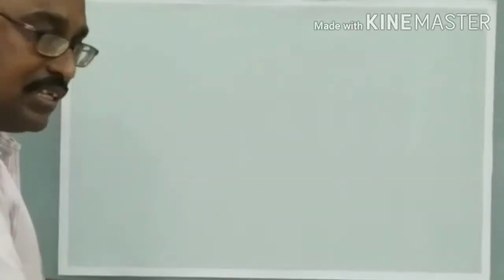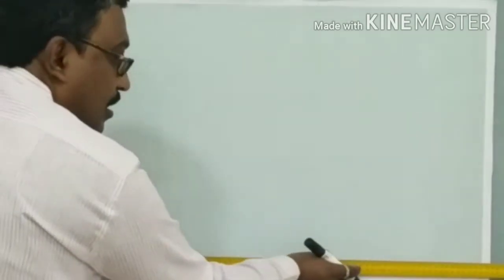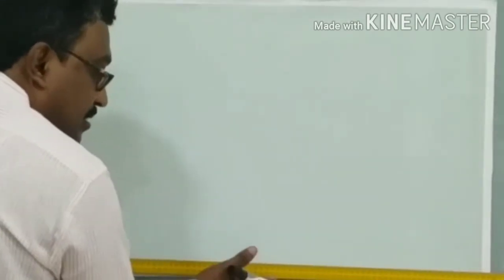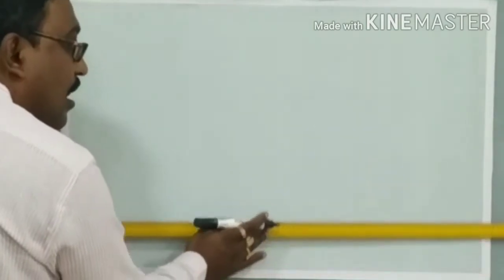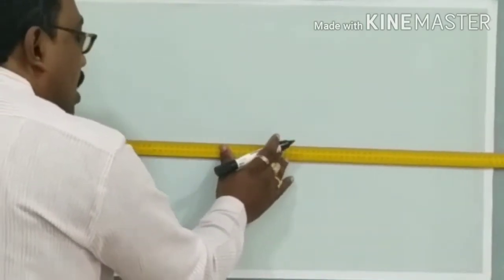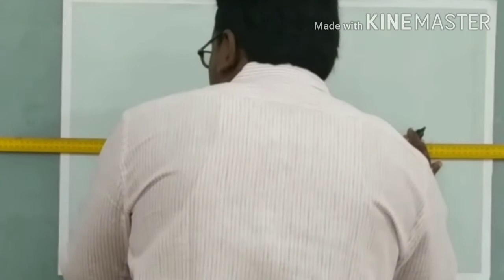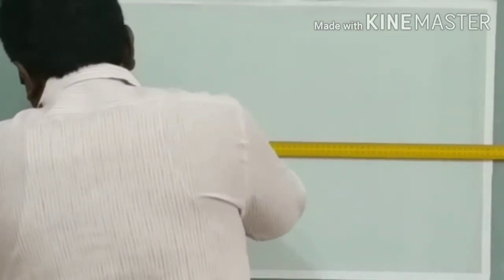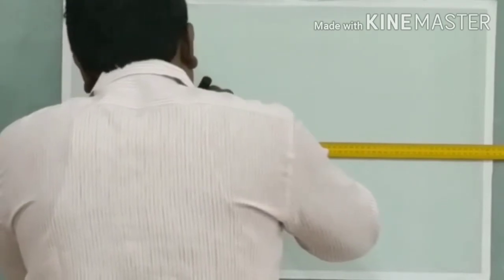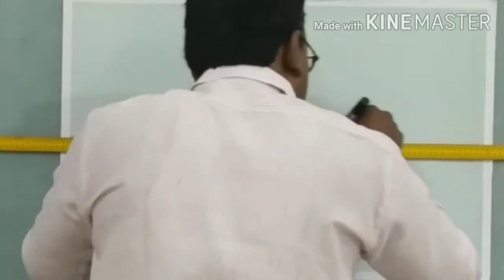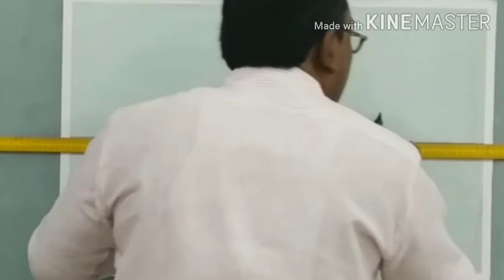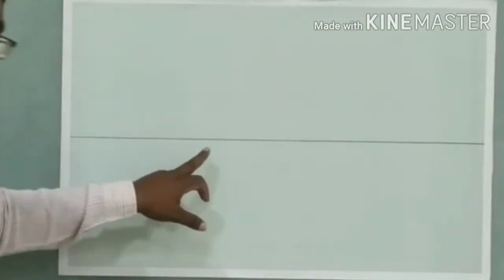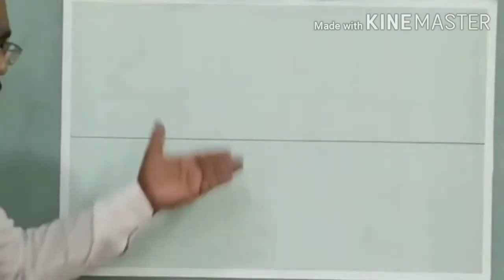Now, if I place the scale horizontally, with the base parallel to the scale, I draw the line which is parallel to the base or parallel to the horizontal.